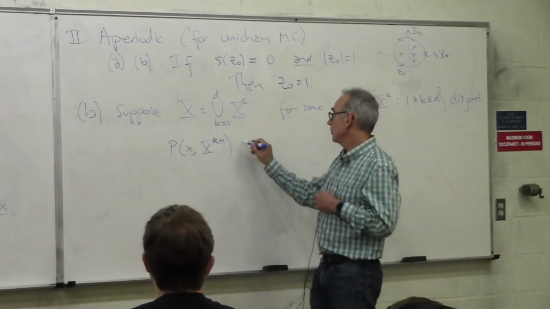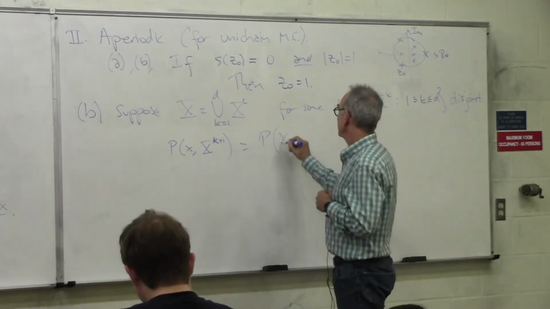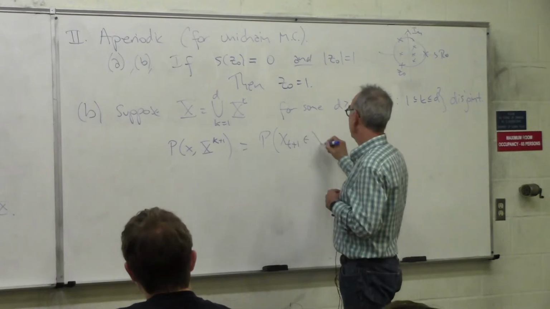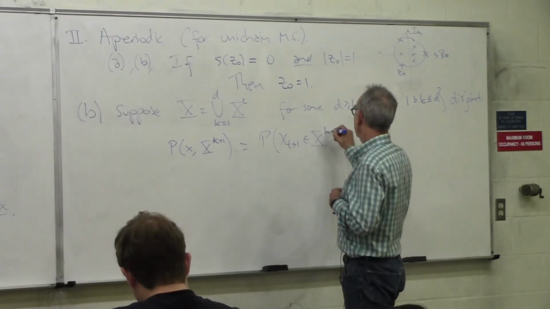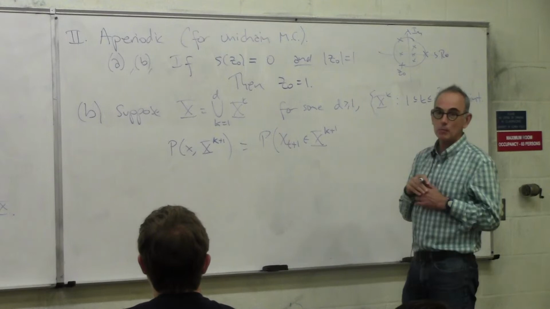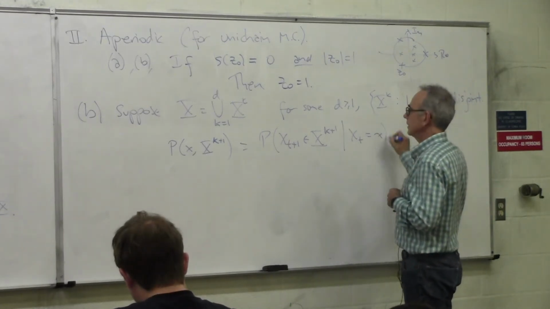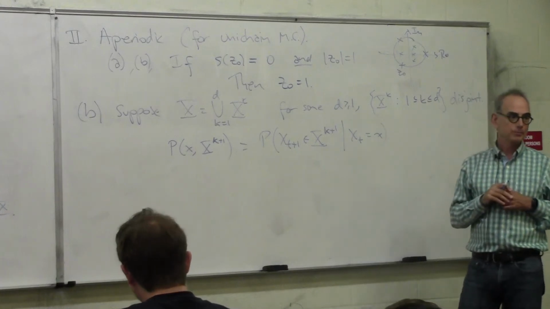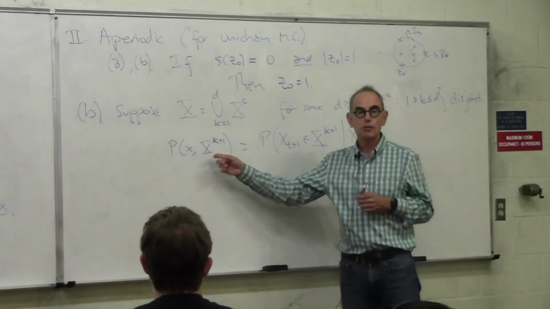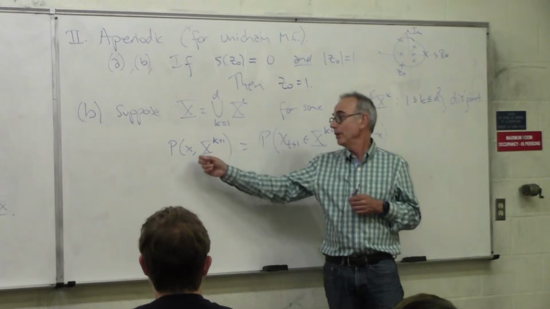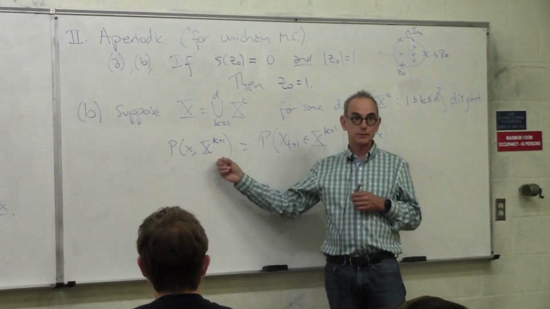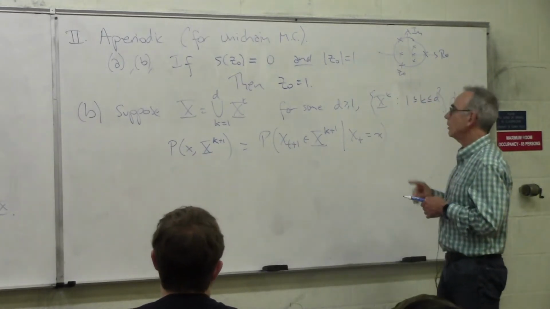So this is the probability that x_{t+1} is in the set X_{k+1} given x_t equals x. I'm going to use both notations. I'm going to think of this as a matrix, but mainly I think of it as a transition from states to sets. So suppose that that's equal to 1.